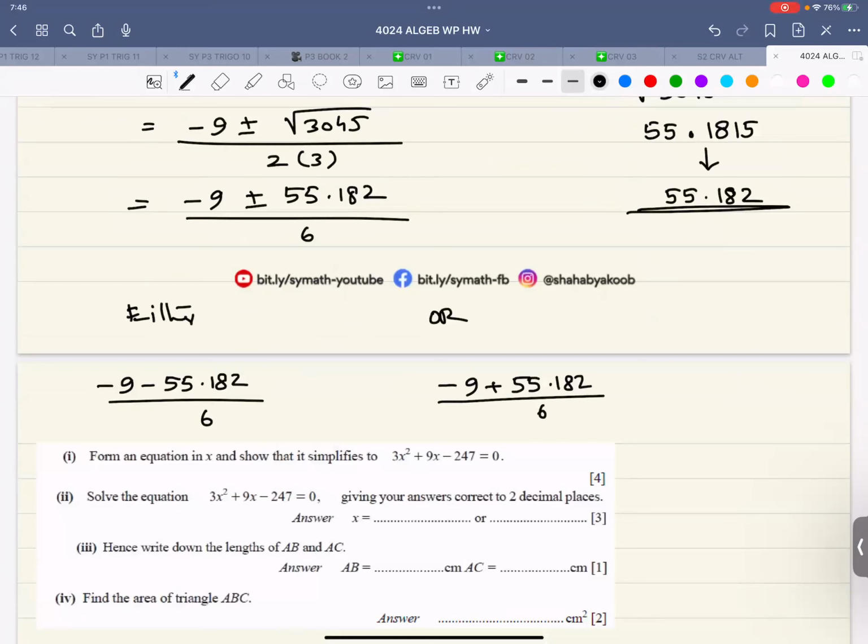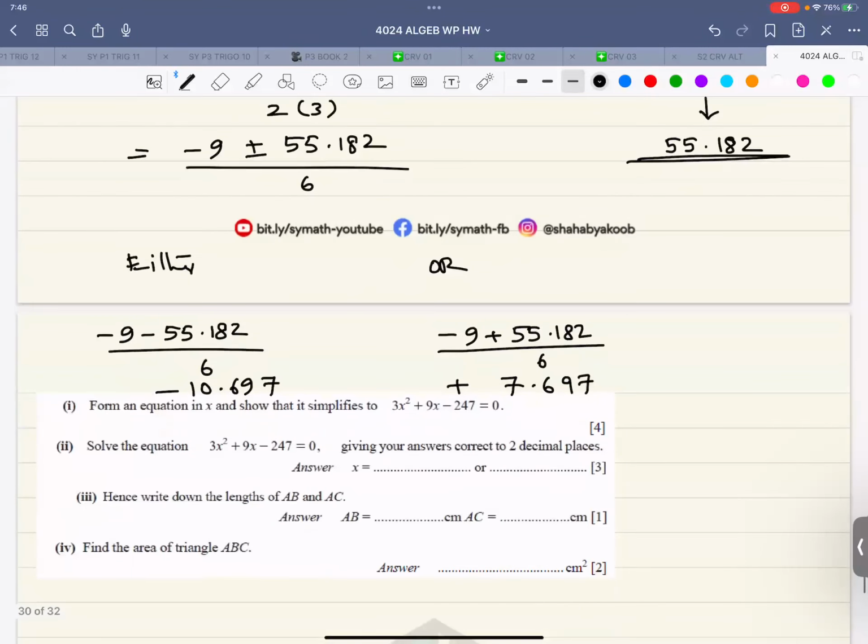So therefore, let me evaluate. 55.182 plus 9, overall negative sign, divided by 6. That is negative 10.697. This will be positive. 55.182 minus 9 divided by 6. This comes out to be positive 7.697.